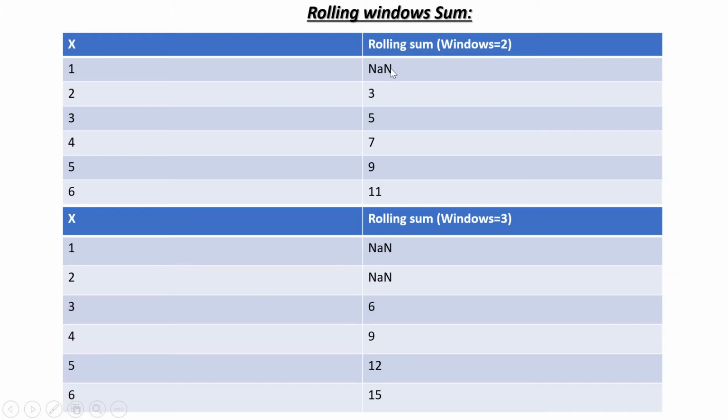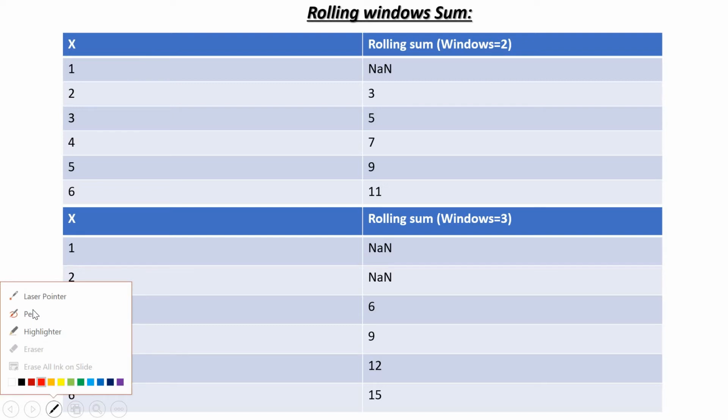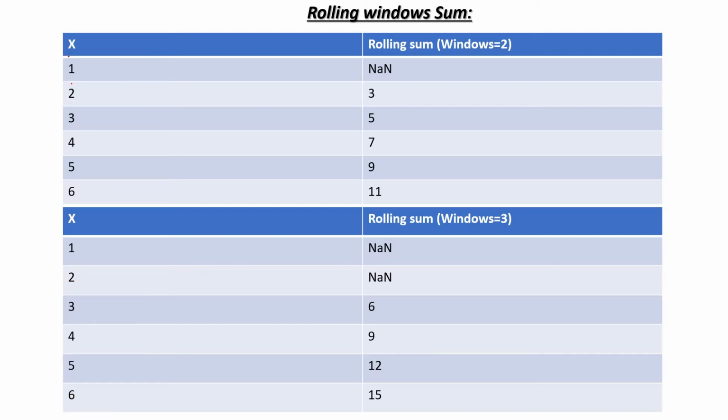You can see here one NaN, and after the NaN we got the number 3. How can we calculate this 3? You can see that 1 plus 2 gives 3, because window equals 2.